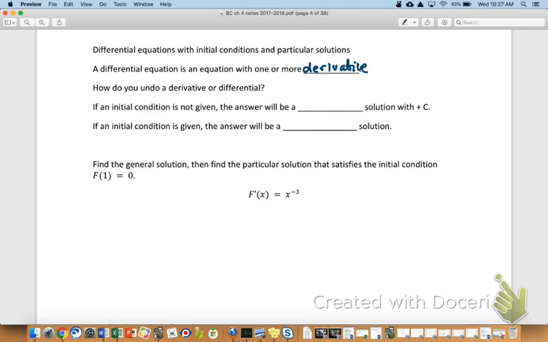So these equations are ones where a derivative has already been done by someone else, and then we do stuff with that. So a differential equation has one or more derivatives in it, and these can be very simple, medium difficult, or very difficult.